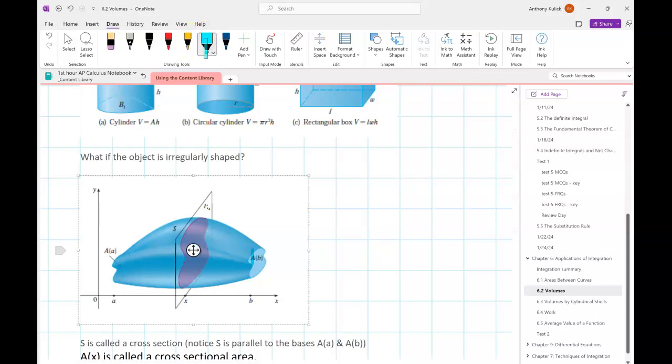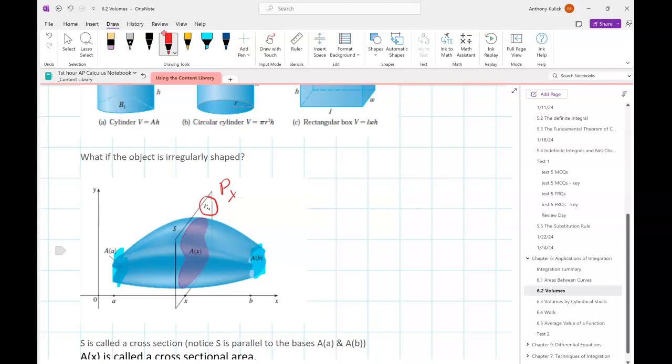So I noticed that the bases have the same shape, but if I take a cross section later on, let's say this cross section is px, the shape is the same, but the dimension is different. That shape is clearly much bigger than the base.